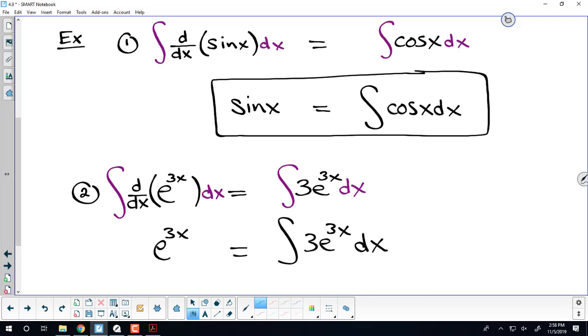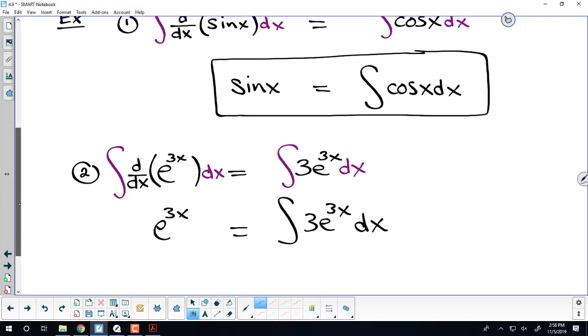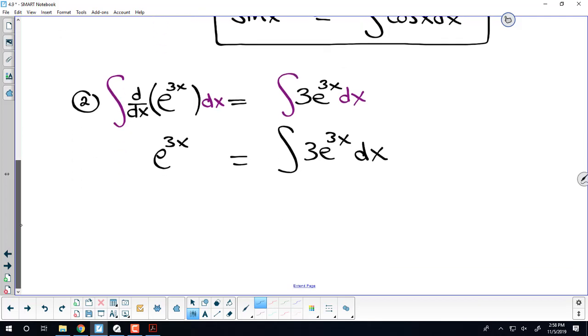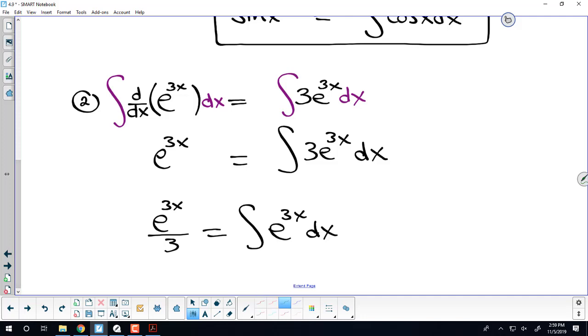Yeah? That makes sense? But I can also divide both sides by this 3 here and say e to the 3x over 3 is the antiderivative of e to the 3x. Just divide both sides by 3.